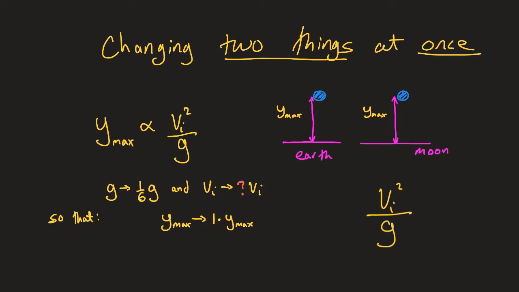So on the bottom, what we're doing is changing g to 1/6 of what it is. So we'll put the factor 1/6 like that. And then we need to do that on the top as well. How can we produce the number 1/6 on the top?